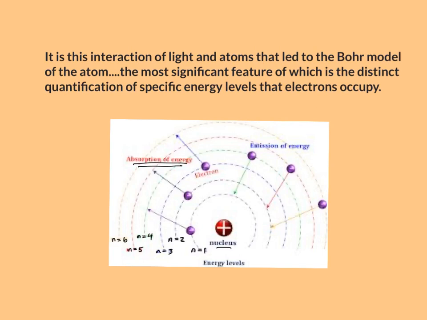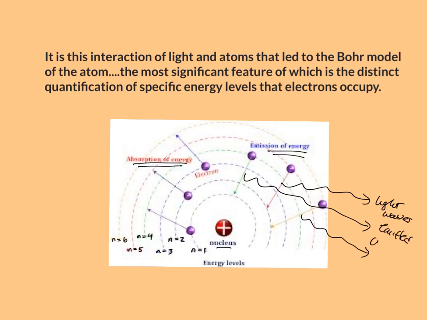When they fall back down, as is happening here, they release light energy in the form of a light wave. Okay, and each of the light waves that are emitted has a particular color associated with it.